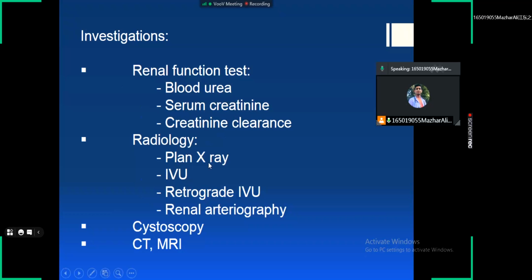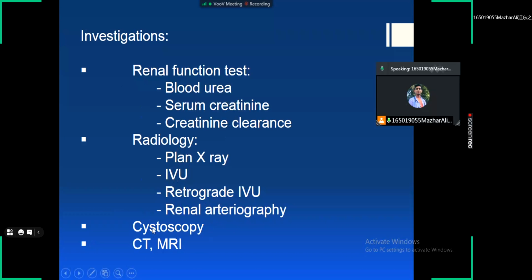Then we do a plain X-ray and intravenous urography for checking for stones or any mass. Then retrograde IVU is through the urethra, and the other is through the vein. Then we do renal arteriography to check for renal stenosis and the condition of the renal artery.